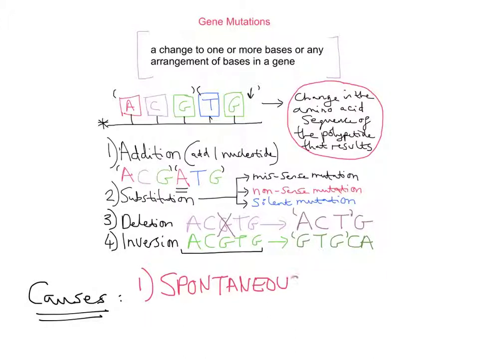That's really important to know, that you can just get spontaneous mutations. Especially during DNA replication, it's quite random. You normally get about 1 to 2 mutations per 100,000 genes per generation. But the rate of gene mutations can be increased by what are called mutagenic agents.